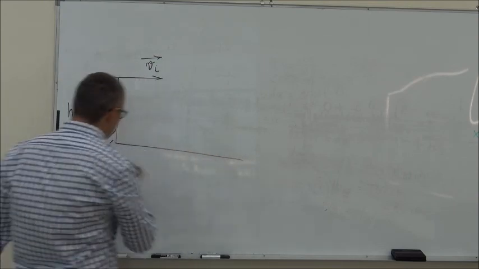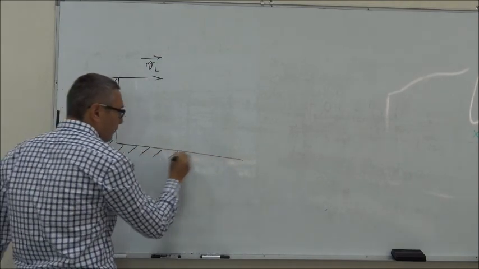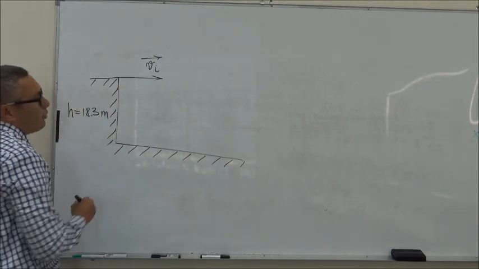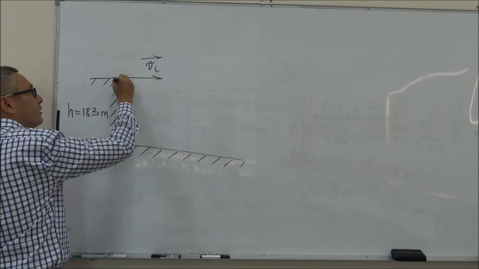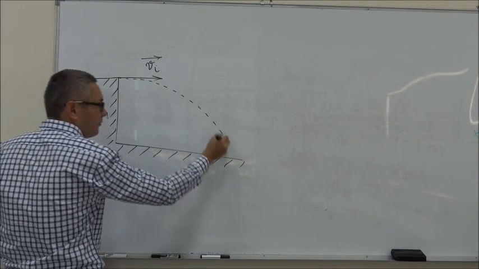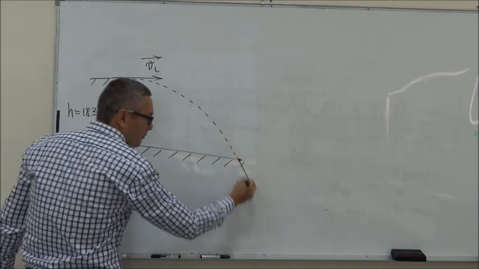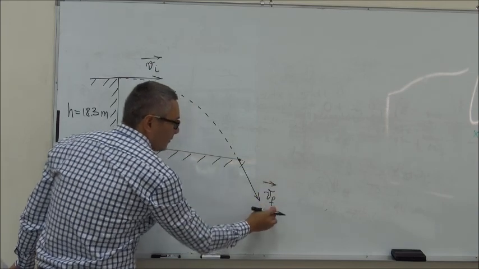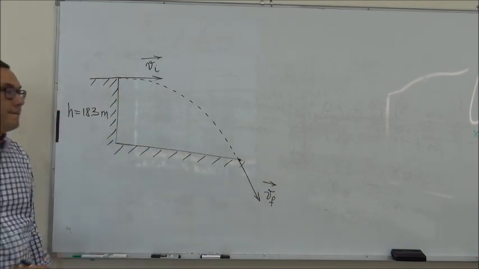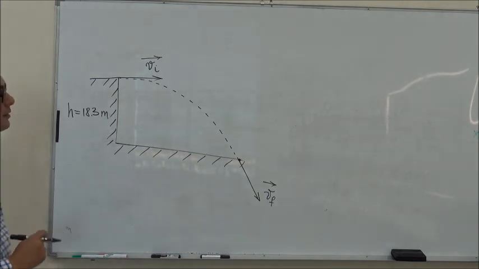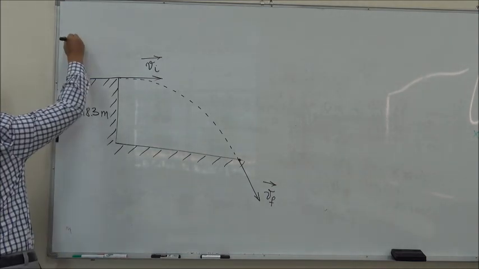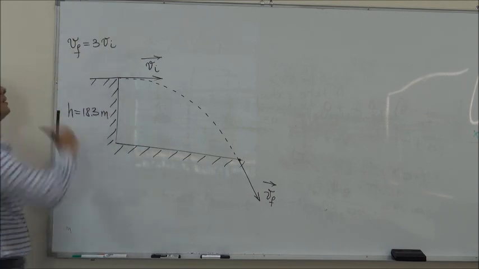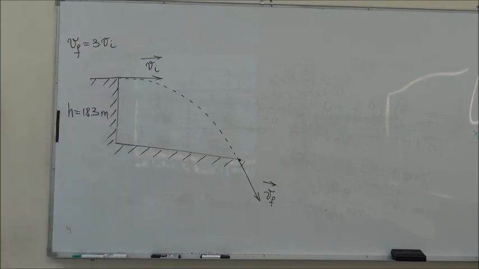And we are also told that the final velocity of the ball when it hits the ground is 3 times the initial velocity. So we can say that V final is equal to 3 times V initial.